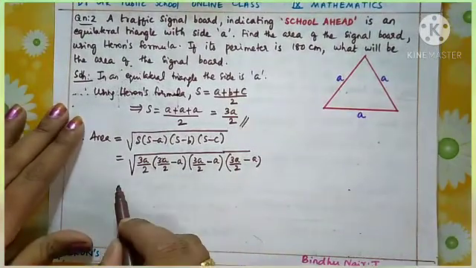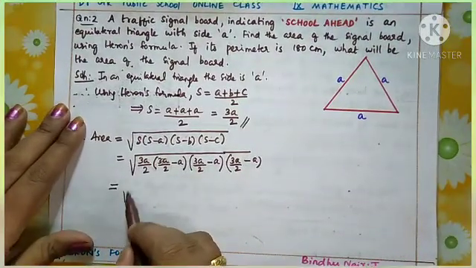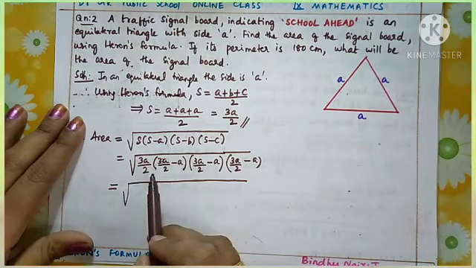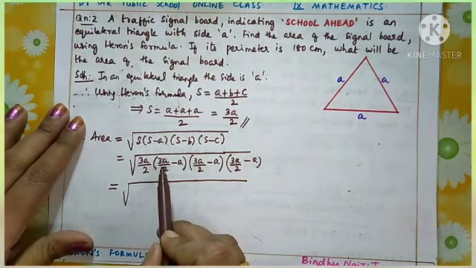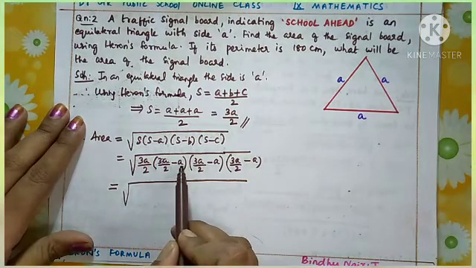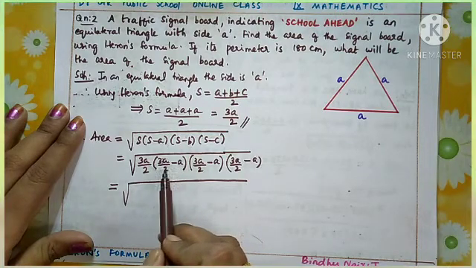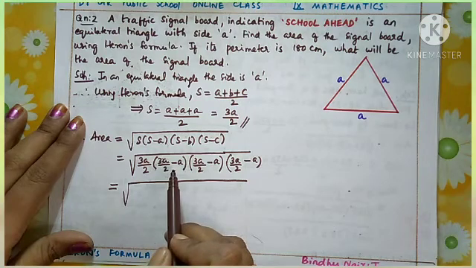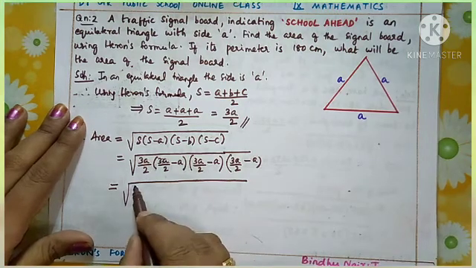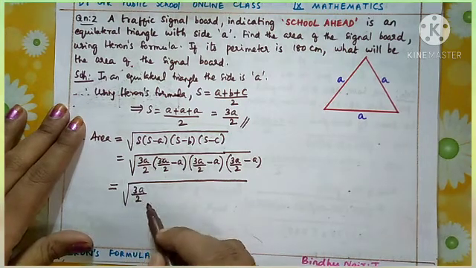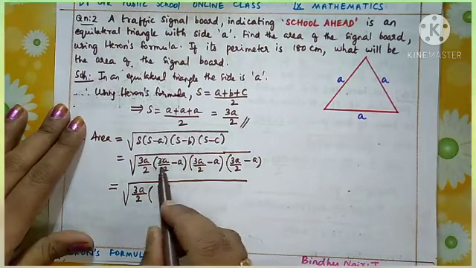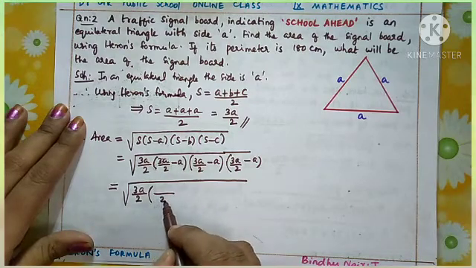Now you see, this is equal to square root of, you see children, inside the bracket here is one fraction and here is one term. So when you want to add or subtract, you want to combine this by using LCM. So that way we are going to simplify 3A by 2 into, first bracket, you see the LCM is 2.